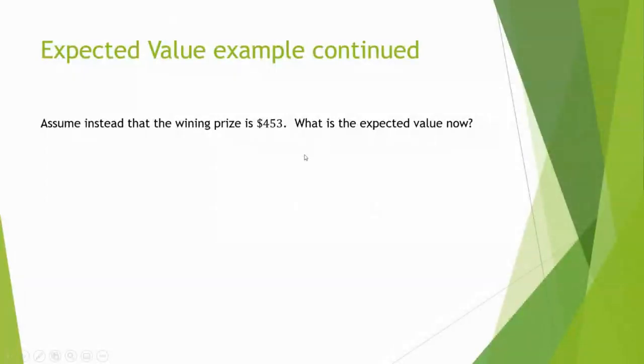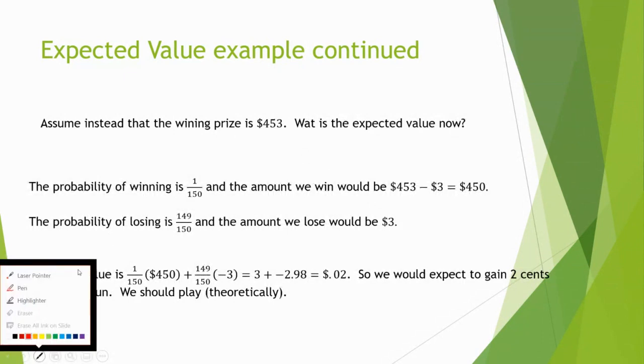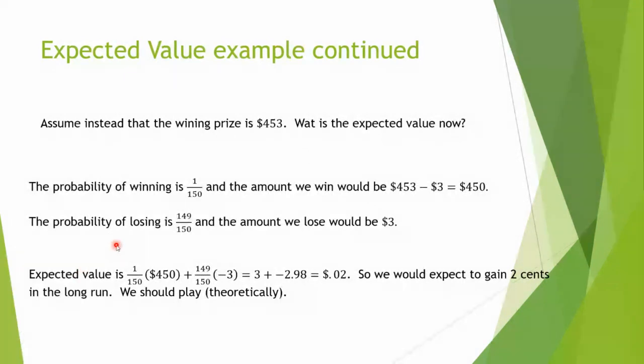Well, from here is what we would get. So again, the probabilities are still the same. There's only one winning ticket. Every ticket is equally likely, right? The only thing different is the prize money. So if we win, we win the $453.